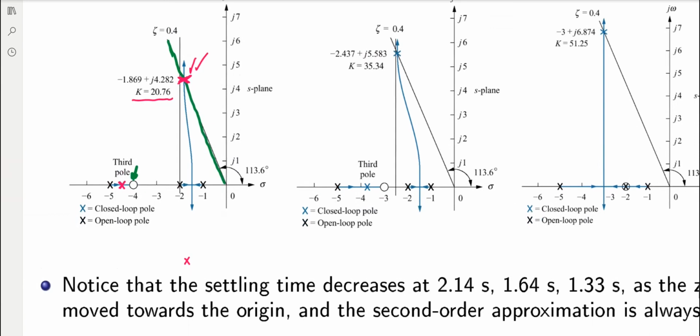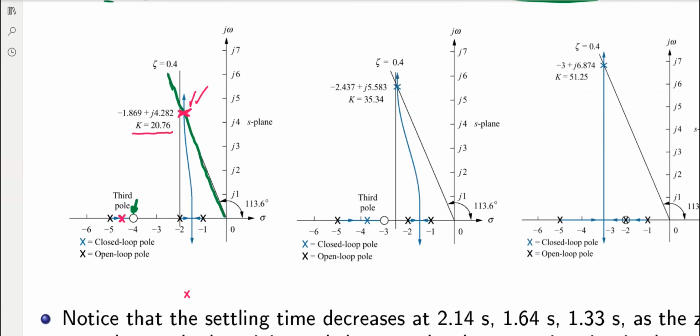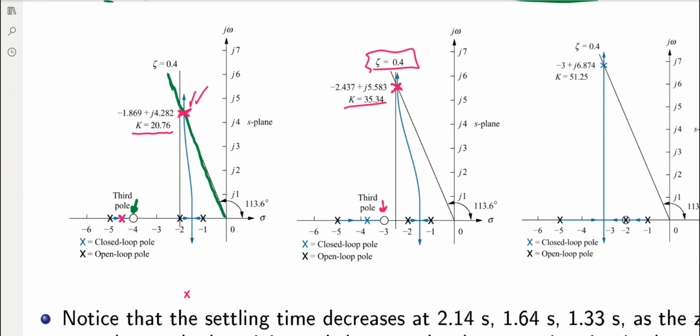Over here we have the numbers, but let's see what happens when the 0 of the controller is located at -3. When the 0 of the controller is located at -3, again the Root-Locus is changed. By properly choosing the value of the gain of the controller, we can place the poles still satisfying these requirements, zeta equal to 0.4.